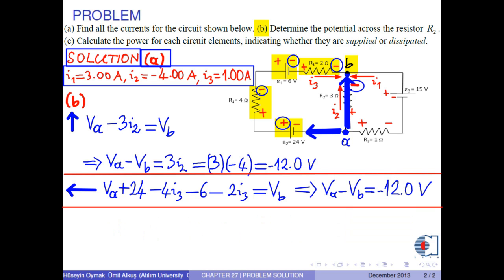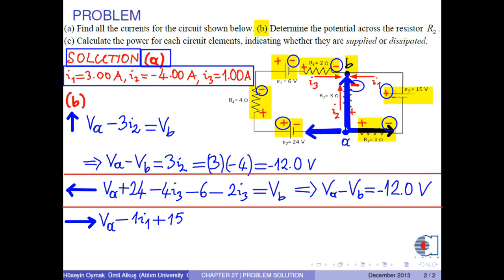Finally, from A to B, we can use this path, which is to the right. First potential is VA. For resistor R3, we take the negative sign, so the potential difference becomes negative 1 times I1. And for battery 3, we take positive sign, therefore the potential difference becomes positive 15 volts.